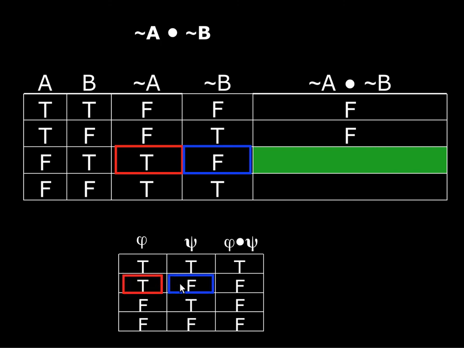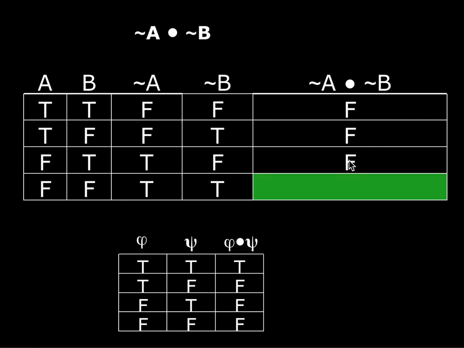That's right here. First true, second false. It outputs false in that situation. So I'm going to put an F. And finally in row 4, what do we have? So for this cell, first conjunct is true, second conjunct is true. Right? Not A is true, not B is true. What does it output? Well, when both of these inputs are true, that's right here. And it says it outputs true. So I'm going to put a T right there.